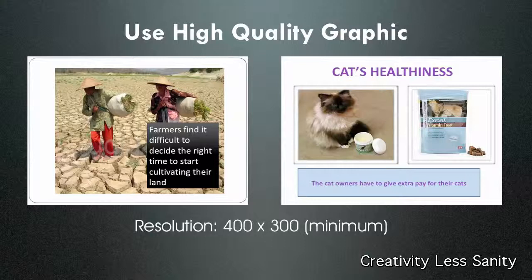So when you enlarge a picture of 400 times 300 resolution, you don't have to worry if the picture becomes pixelated. But if you can get megapixel picture, 1 megapixel, 5 megapixel, they're even better. But the lowest resolution of photo you can put in your slide is 400 times 300.